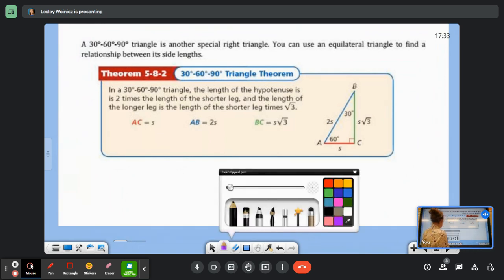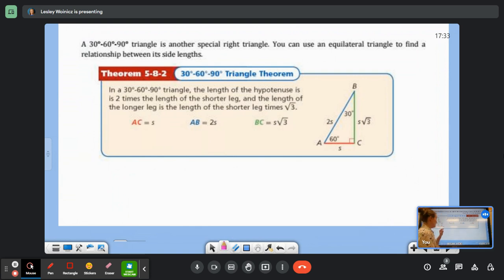Just like 45, 45, 90s, the 30, 60, 90 degree triangles are named by their angles. Angle, angle, angle. They're not named by their side lengths.